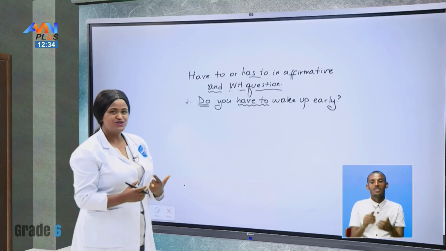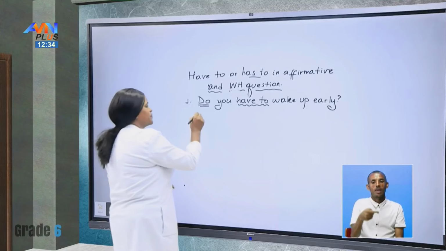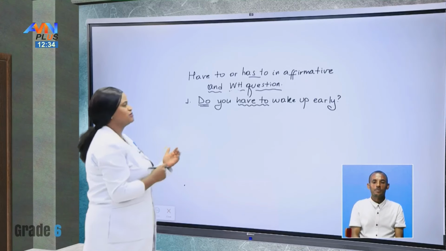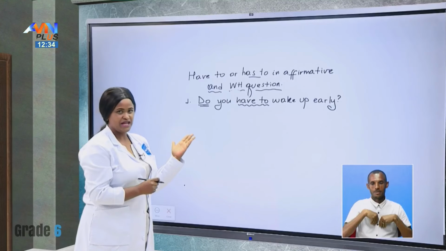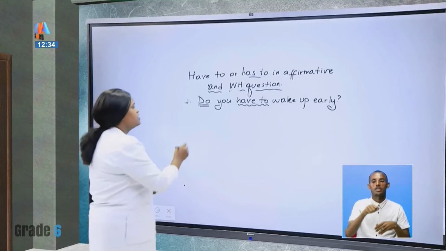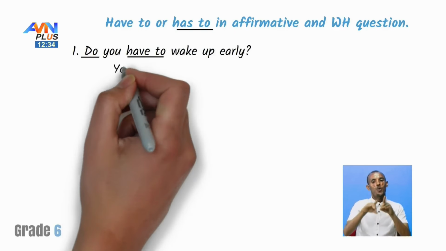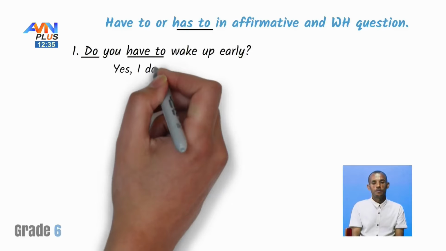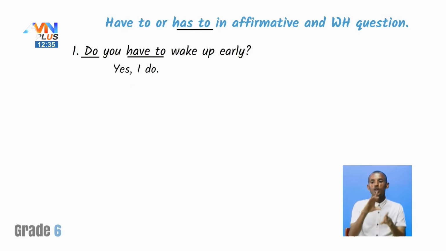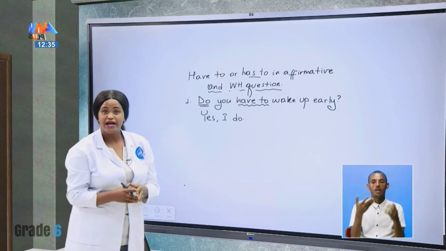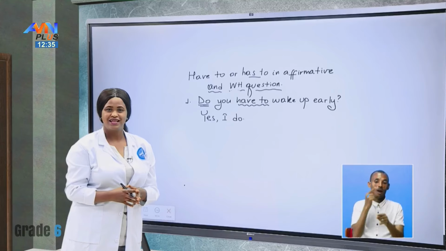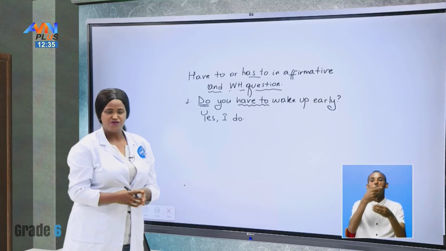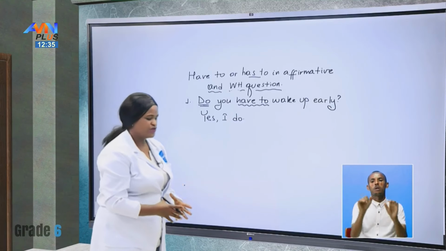Then what do you say? If you believe that, yes, you have to, what do you say? Yes, I do. Do you have to wake up early? Yes, I do. Right? How about if not? For example, Sunday and Saturday is your break time.